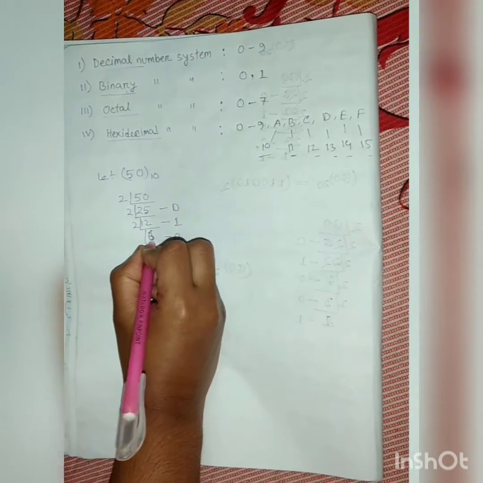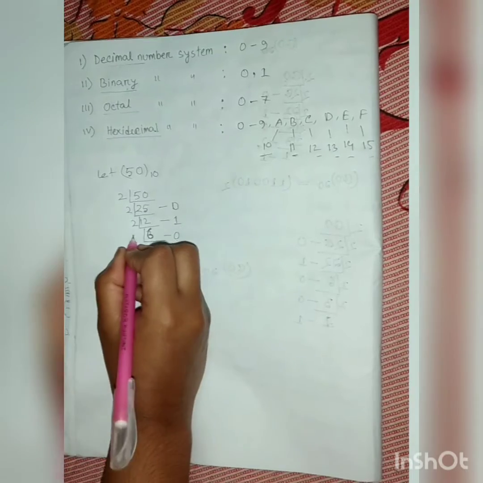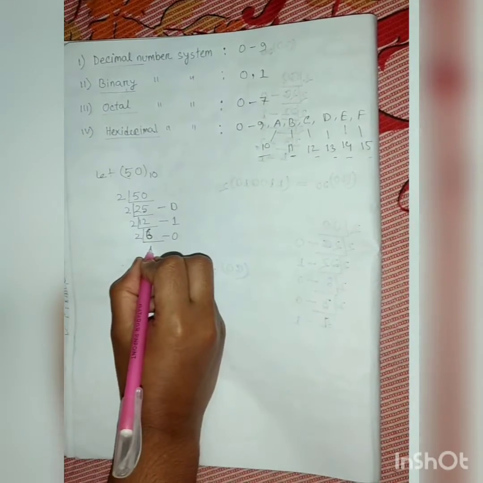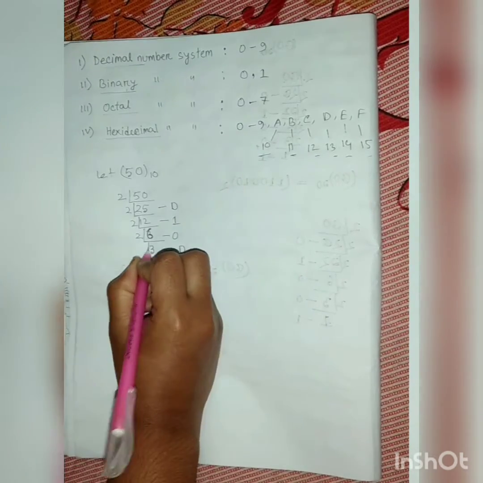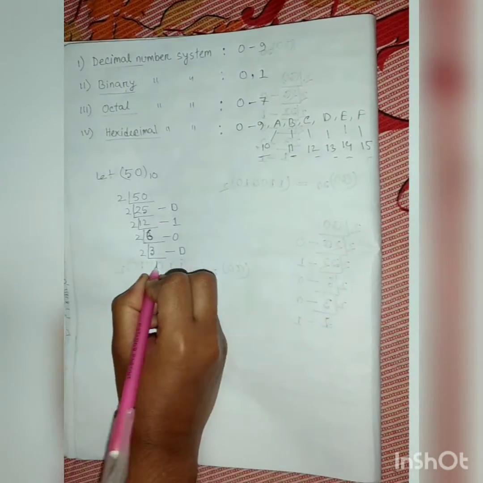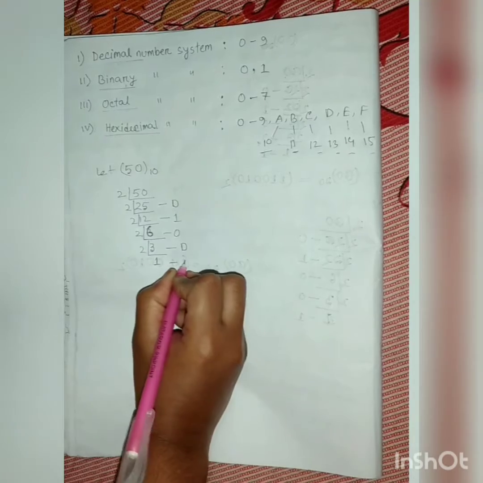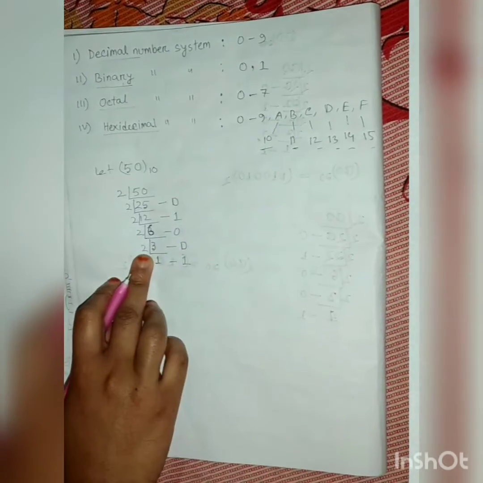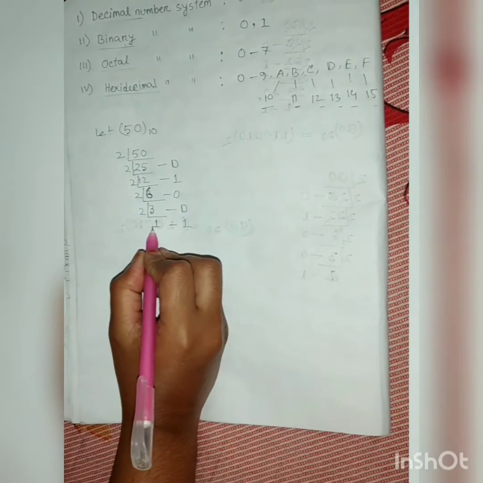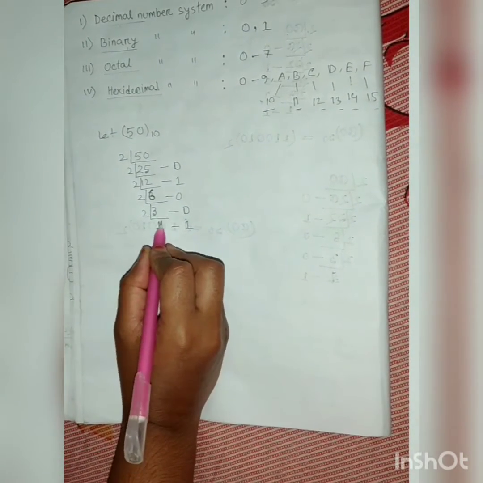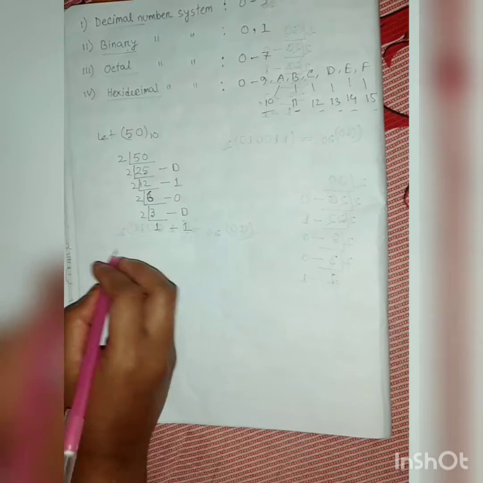Sorry, it is 6. Then 3, remainder is 0. Then 2, 1, remainder is 1. So here there is no scope of dividing 1 by 2.